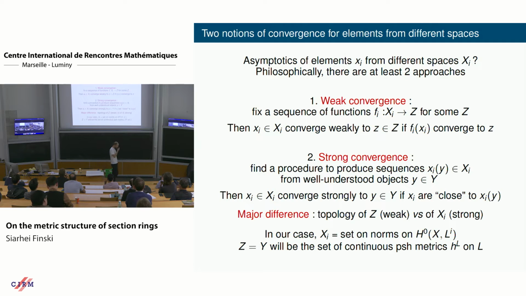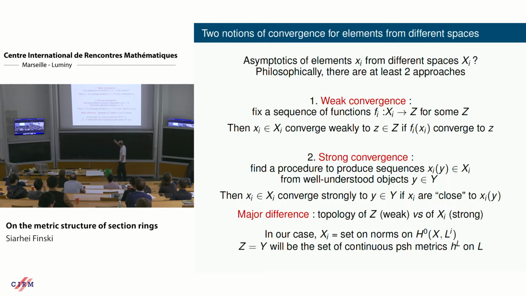So in the specific case I'm considering, those sets X_i will always be the set of norms or pseudonorms on the section ring. And the sets Z and Y will be the set of continuous PSH metrics on my line bundle. So in case you haven't seen PSH metrics before, it's just a generalization of positive metrics, with no necessary smoothness assumption, and less positivity, not necessarily strict positivity.